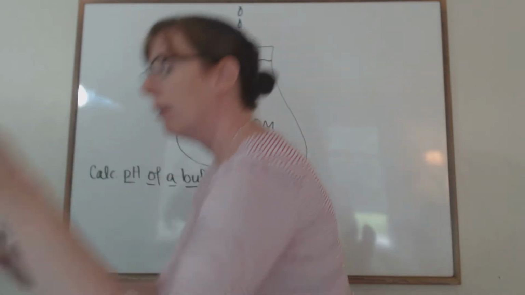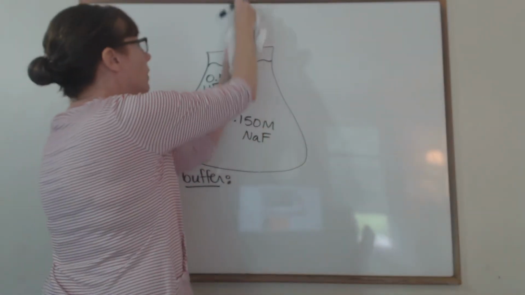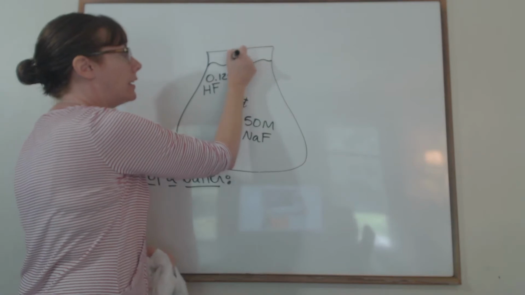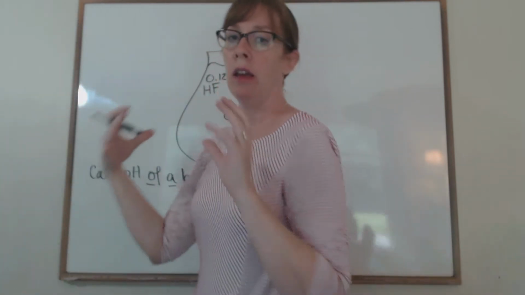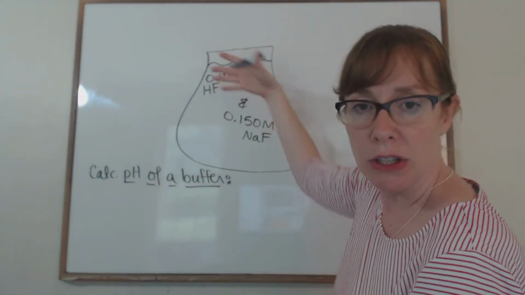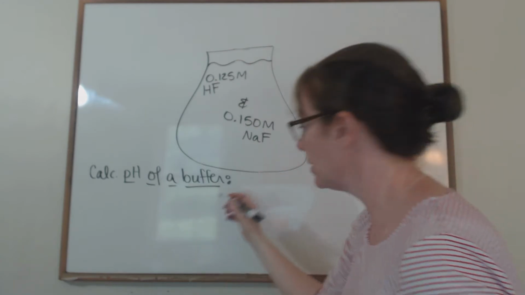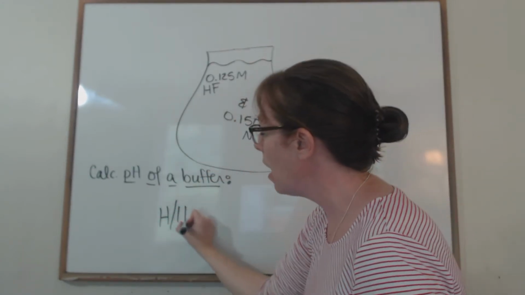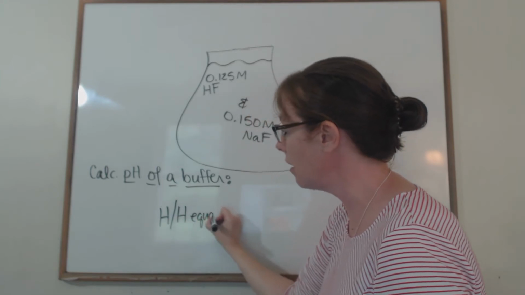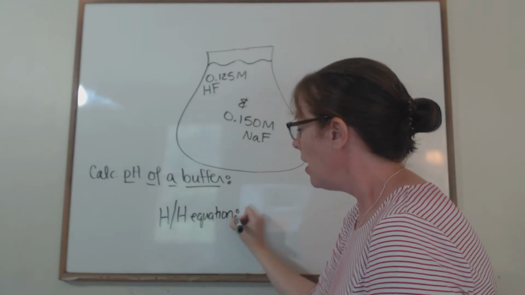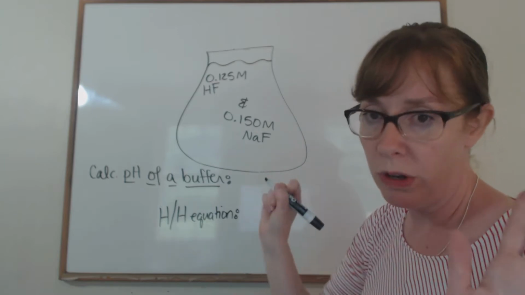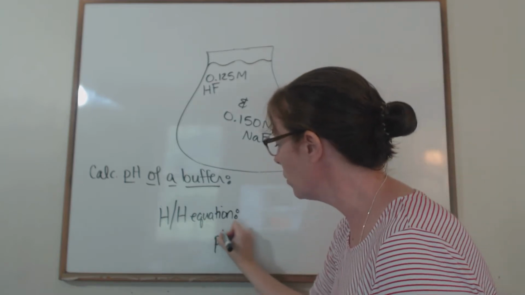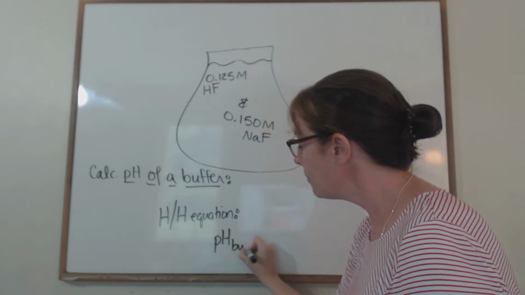And let's talk about calculating it before you've added anything to it. So let's just say someone made a buffer, these are the two concentrations, what's the pH? There is an equation called the Henderson-Hasselbalch equation. I'm just going to call it HH. You need to know it, probably the most important equation in this chapter.